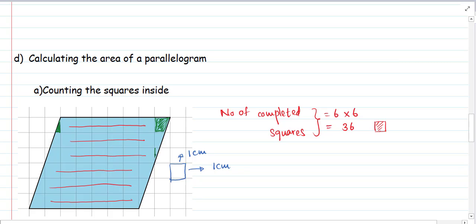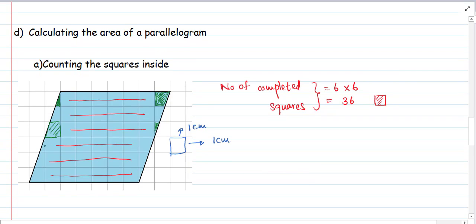Same thing here, combine these two parts. Same situation here, a completed square is made.